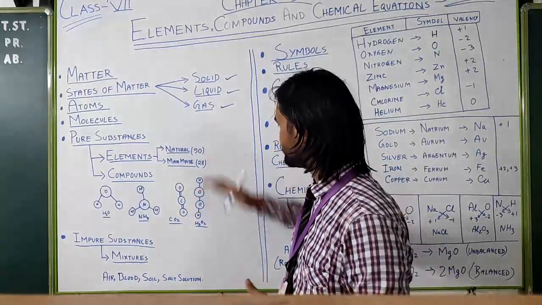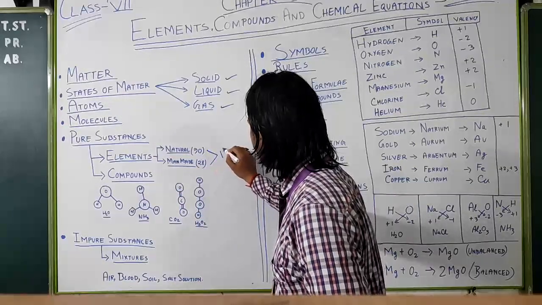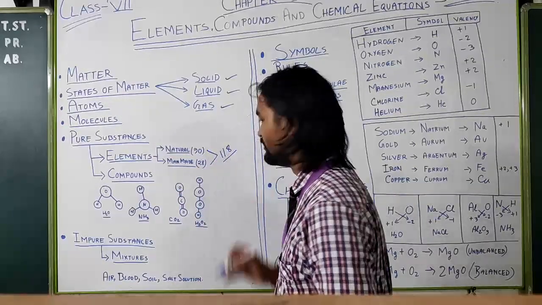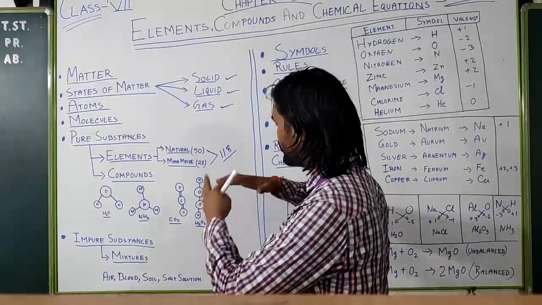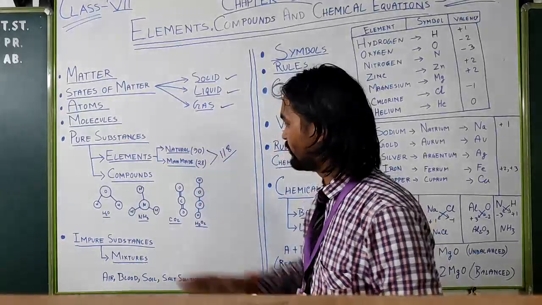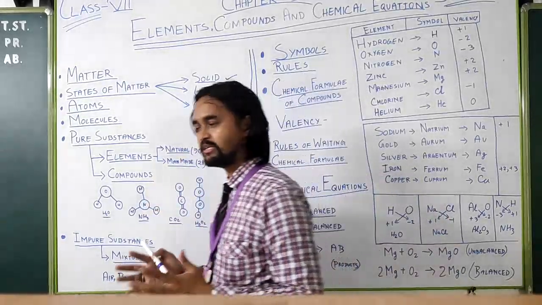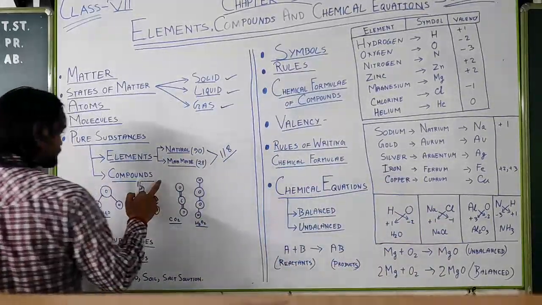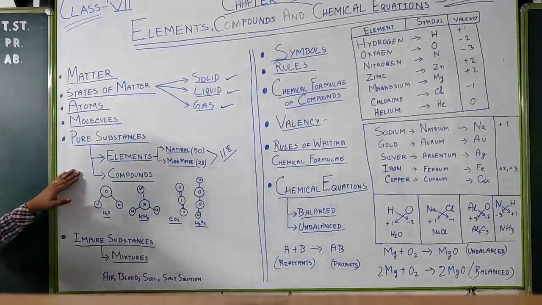Similarly, here total 180 elements can react with each other and produce unlimited number of compounds. So there are numerous compounds in our world or in our universe. That means they are unlimited.